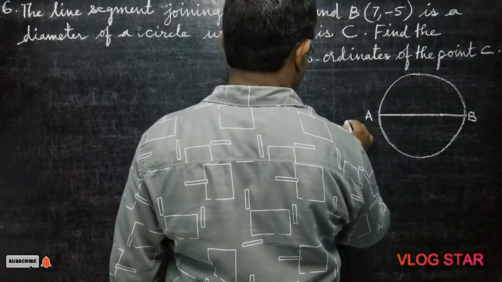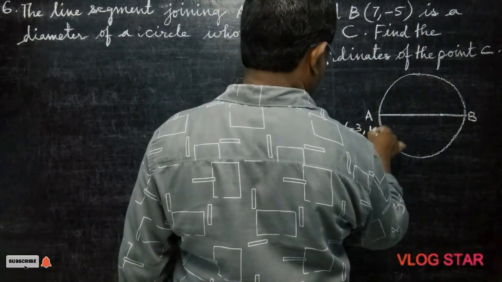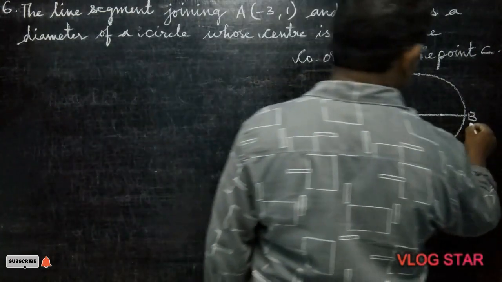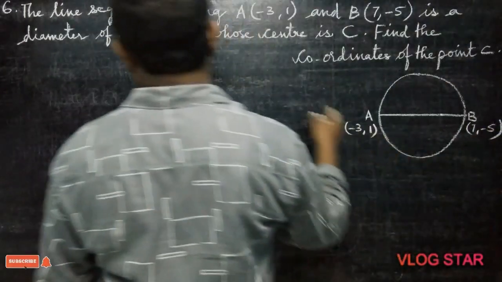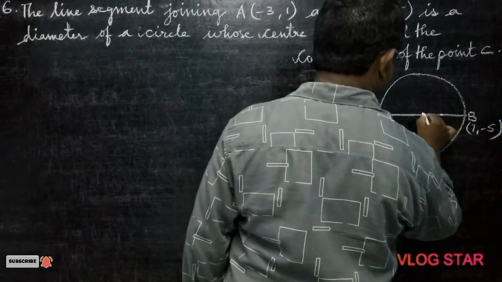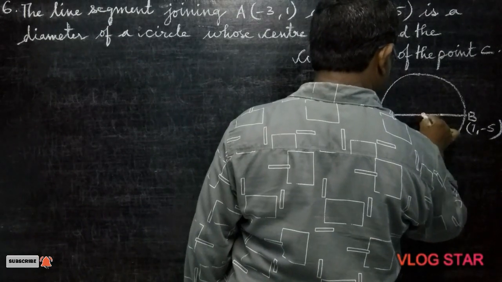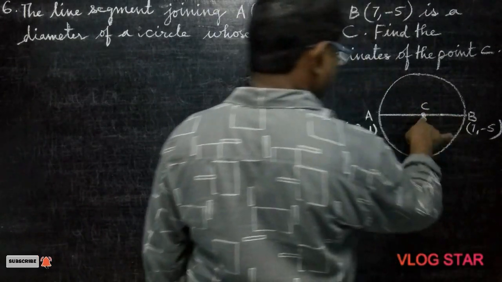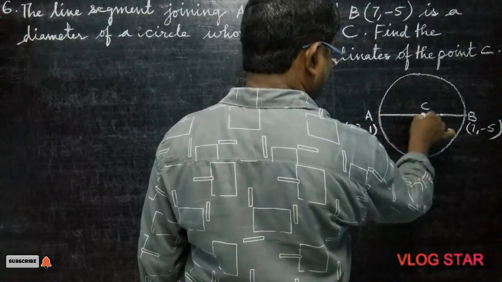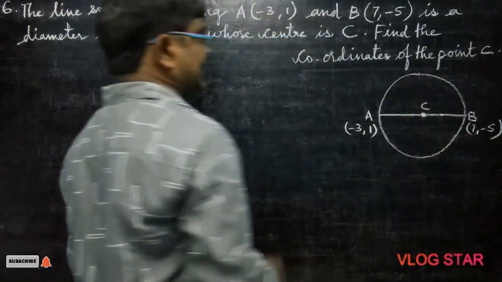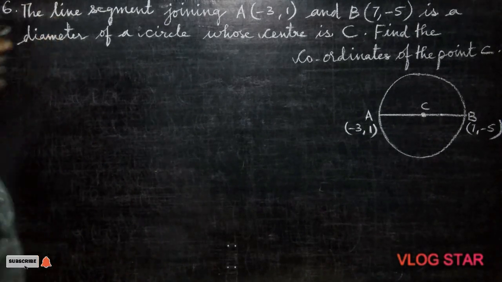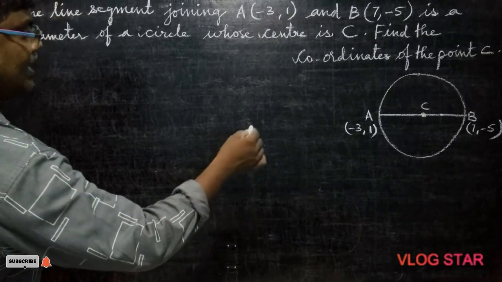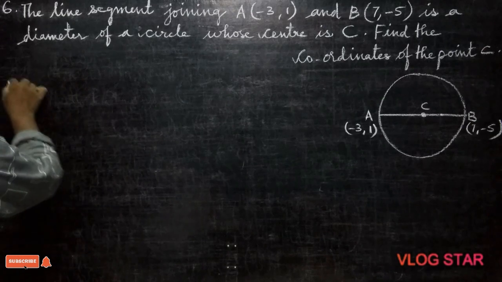A is (-3, 1) and B is (7, -5). This is the diameter of the circle and C is the center. So AC is equal to CB, because AB is the diameter of the circle.